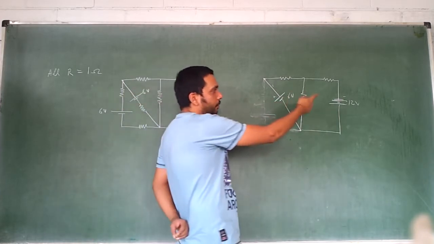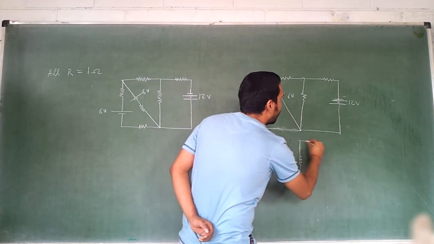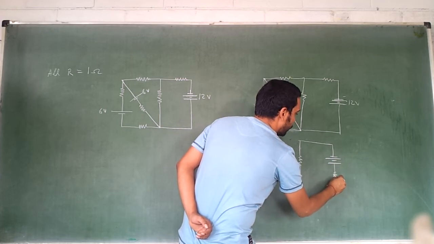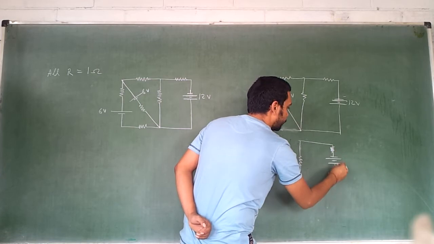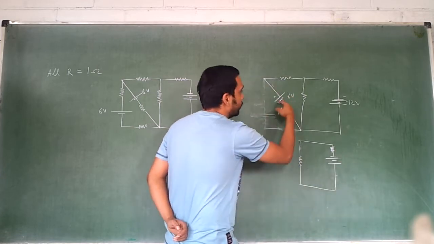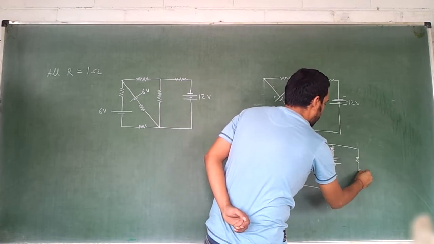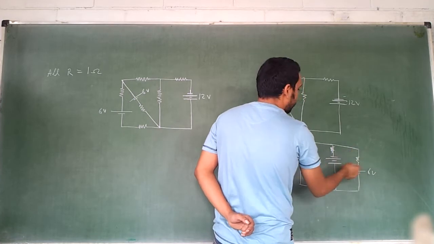If I make it more simply, it is something like this. That resistance I put over there, I'll put it over here. This one. Six volt, 12 volt.